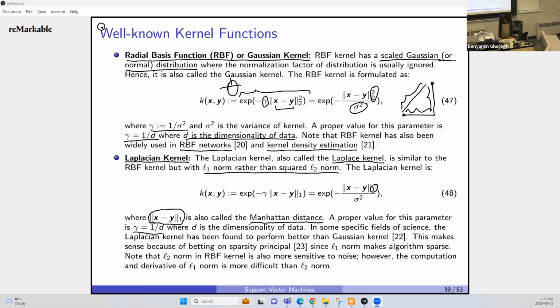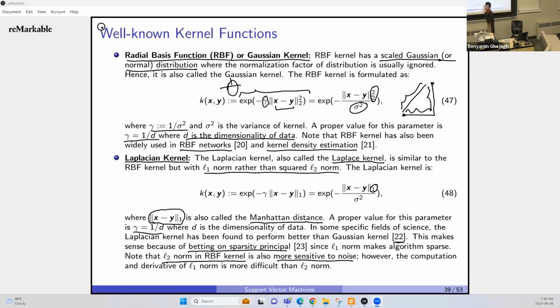Okay, so these are the dimensionality of data. In some specific fields of science, the Laplacian kernel has been found to perform better than the Gaussian kernel. You can see reference 22. This makes sense because of the bet on sparsity principle and also Occam's razor. We have already talked about it several times in this course. Note that the L2 norm in the RBF kernel is also more sensitive to noise.